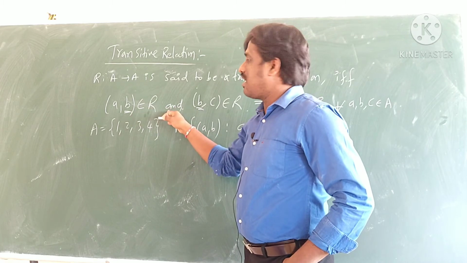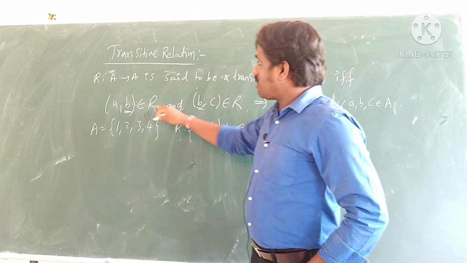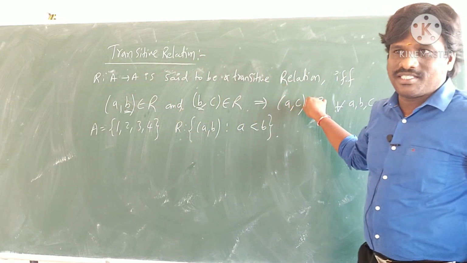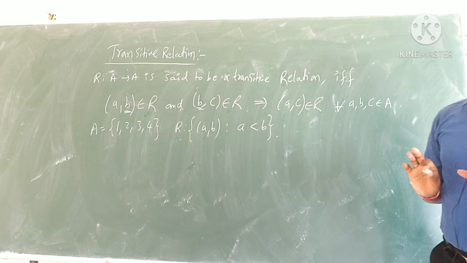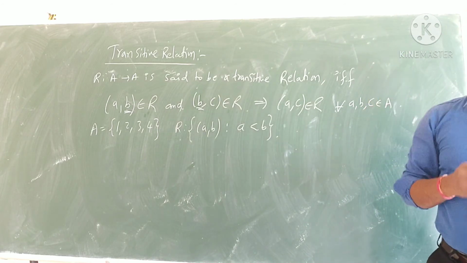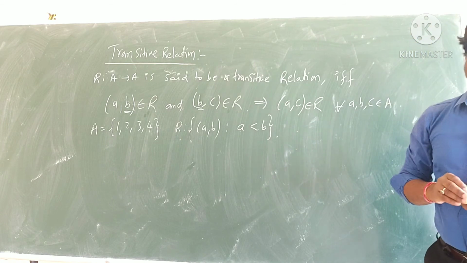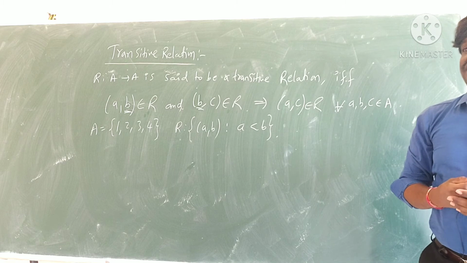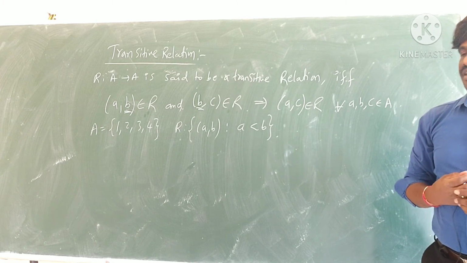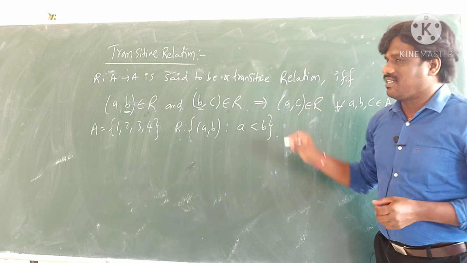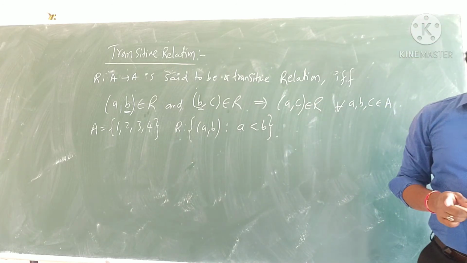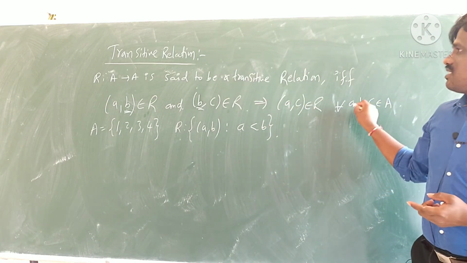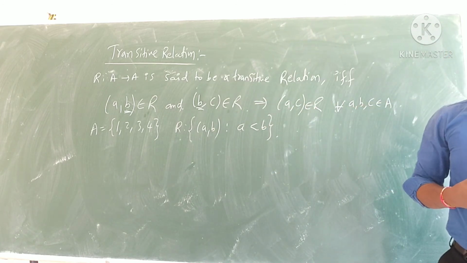(A, B) belongs to R, (B, C) belongs to R. Because of Aarti, you got (A, C) also as a relation. In friendship, you two were friends with her, and they were friends with her, so you two became friends because of Aarti. So if (A, B) is a relation and (B, C) is a relation, and (A, C) is also a relation, such a relation is called a transitive relation.